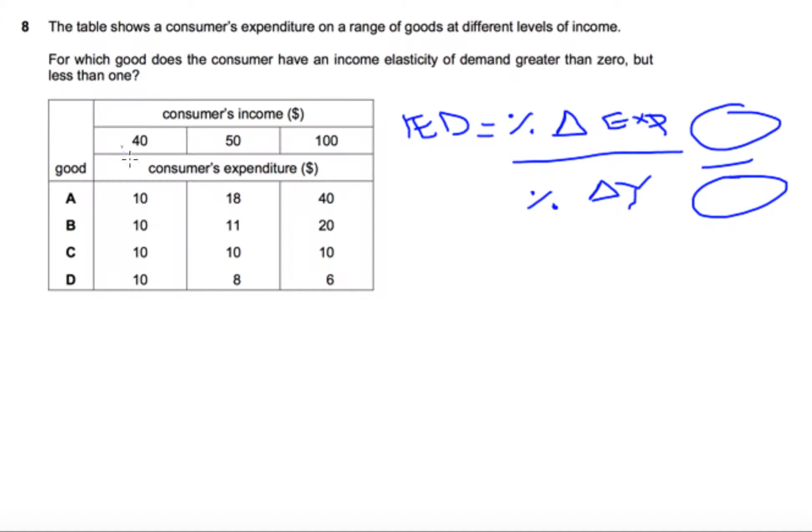First, we need to calculate the percentage change in income from here to here and from here to here. So now let's do that. First, the income was 40 and then it went to 50. So the change was 10, that is 10 over 40. That means that the first change in income is 25%.